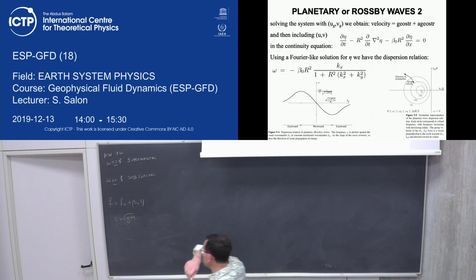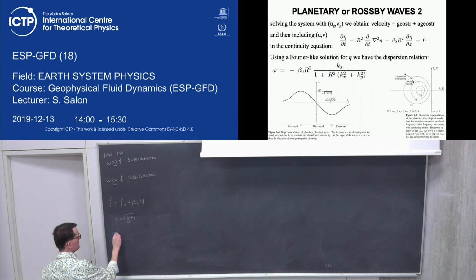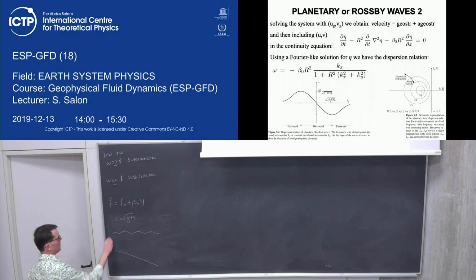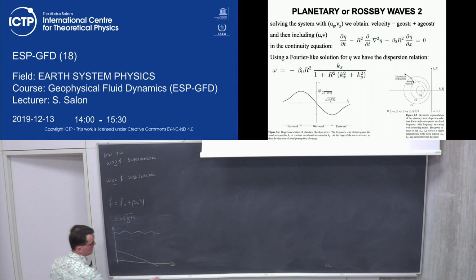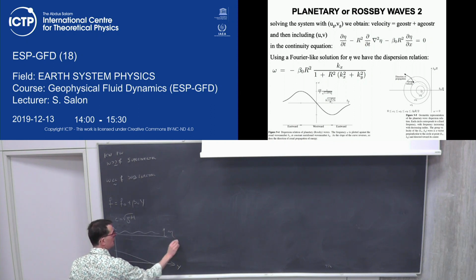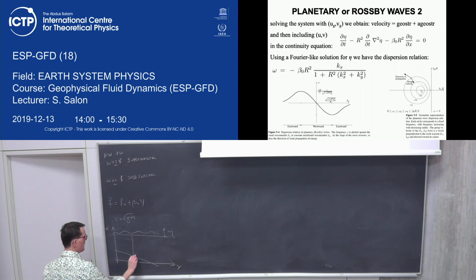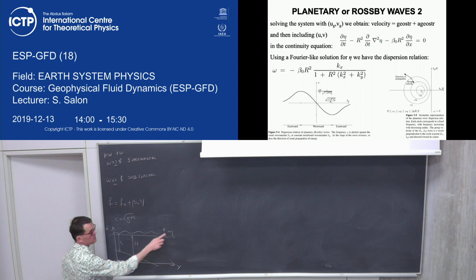So if we consider again the usual layout of our system, let me put Y here, Z. This was eta, and this was H. You remember that at the beginning we called this H. Then we said that H is equal to capital H plus eta.